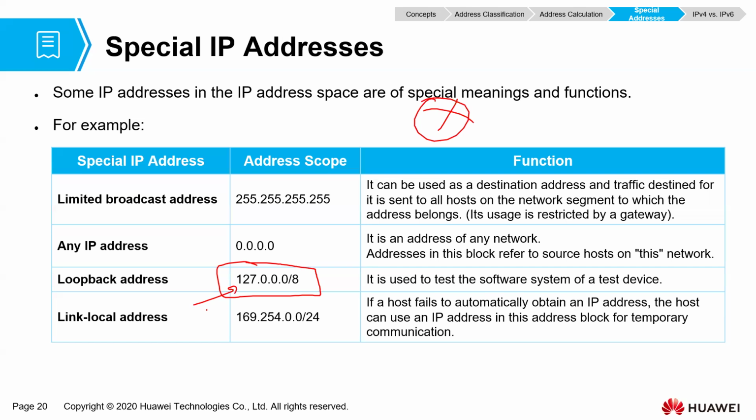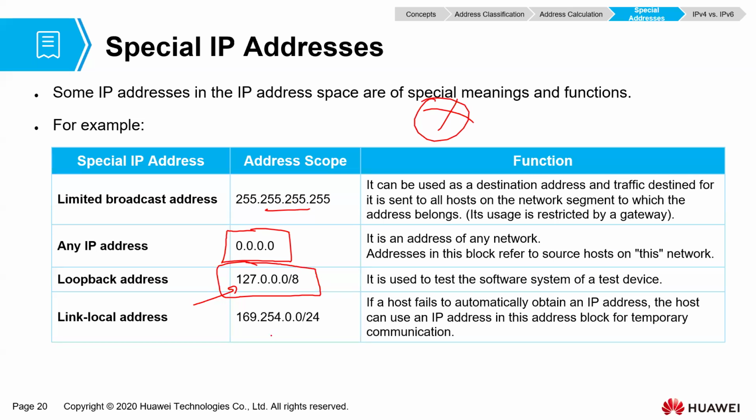Any IP address, these are usually addresses which are used if you want to send a packet to any device in a network. It matches any device in a network. This is a limited broadcast IP address used as a destination address for all hosts.